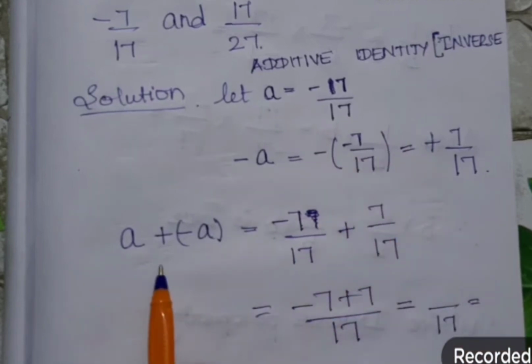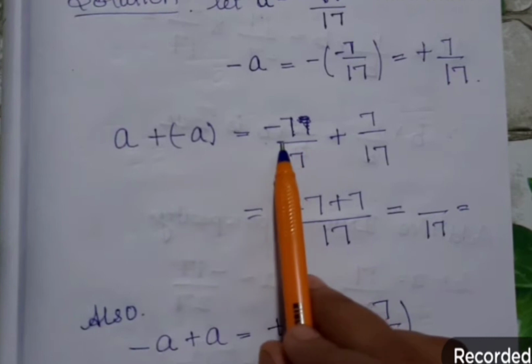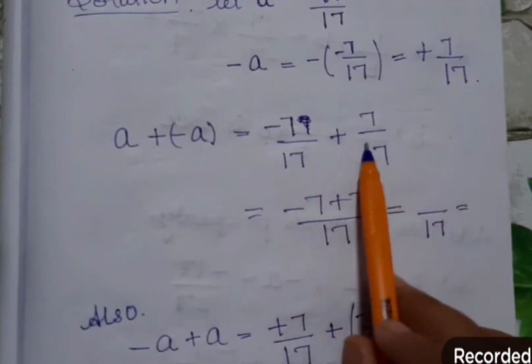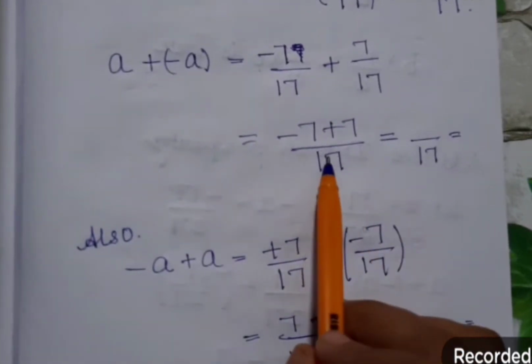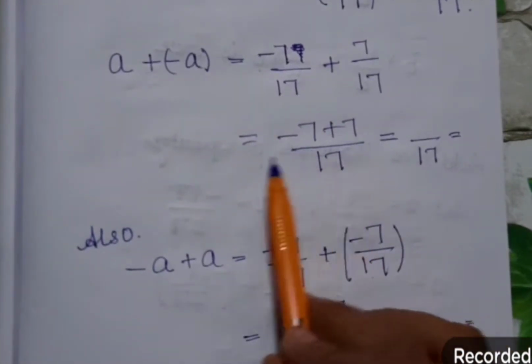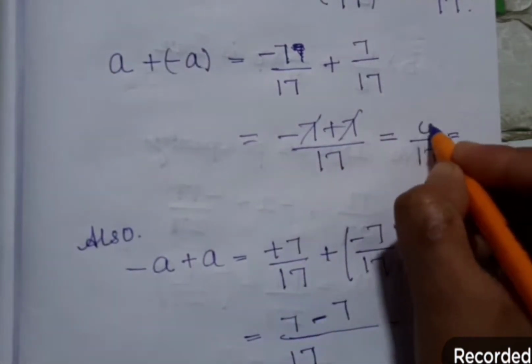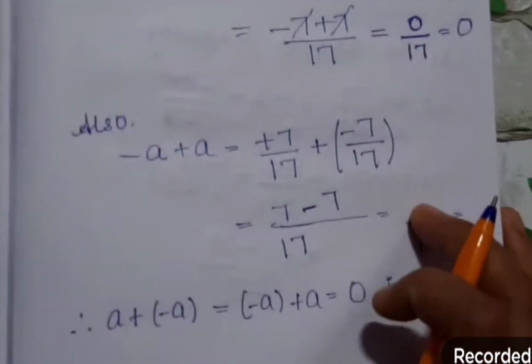So what is the rule for addition? a plus minus a is equal to minus 7 by 17 plus 7 by 17. The denominator is the same, so if you add the numerators, minus 7 plus 7 is 0. 0 divided by any number is 0.